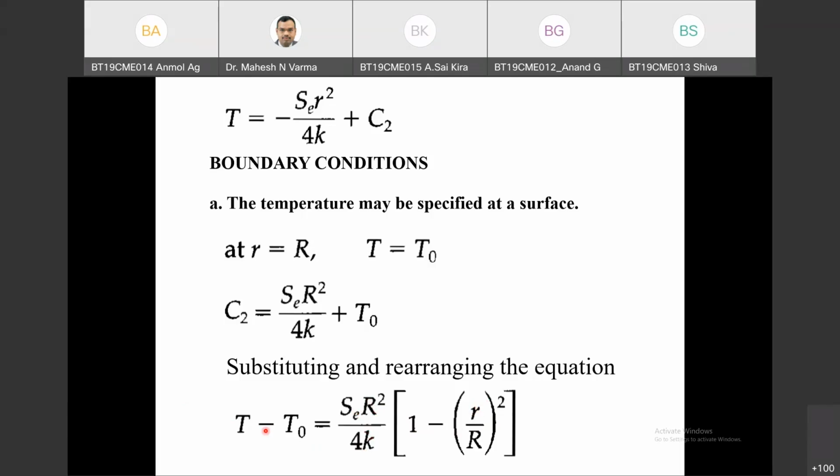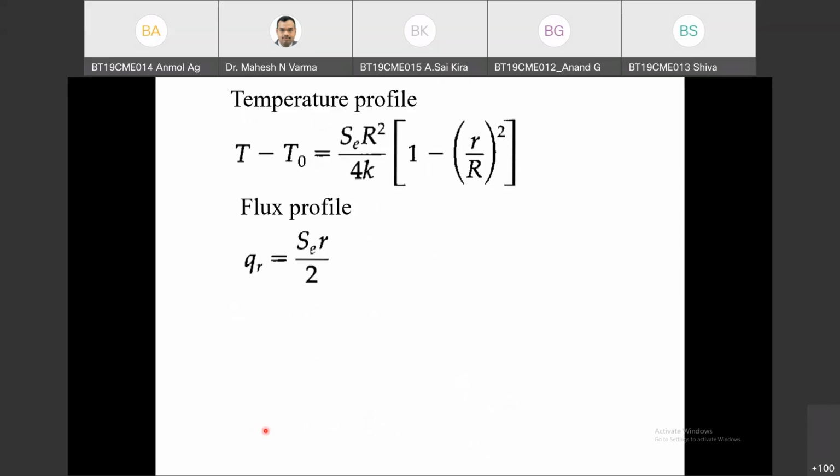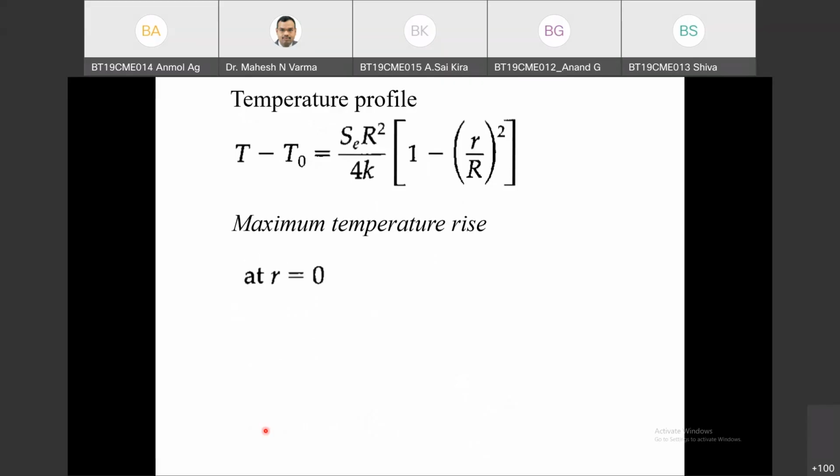You can get the average temperature also. This is the temperature profile and flux profile, and this is the maximum temperature at r equals 0, T max. This is very important. If I know the heat generated for a given current density, I can get the maximum temperature that can be reached in my given wire.